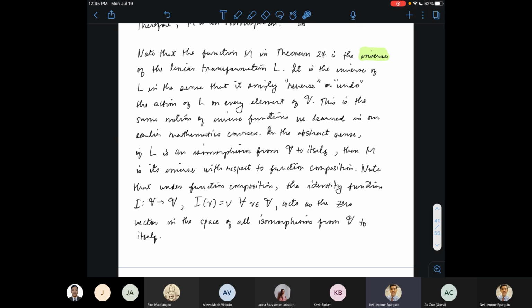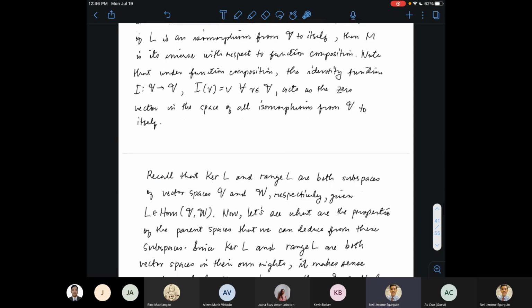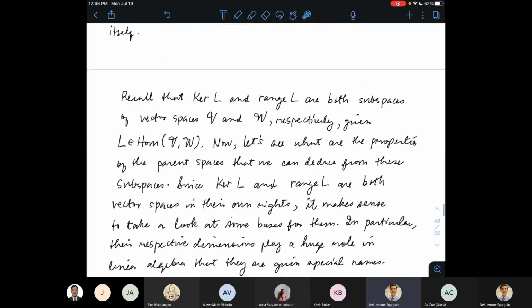Because if you have a function f, then f inverse of f of x will just be x, right? So it will just undo what the given function f does. But you already know that may binigay lang tayong additional property for the function. We just say that both of them will be linear transformations.